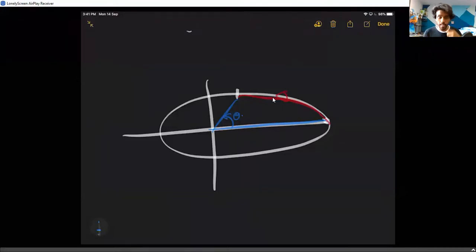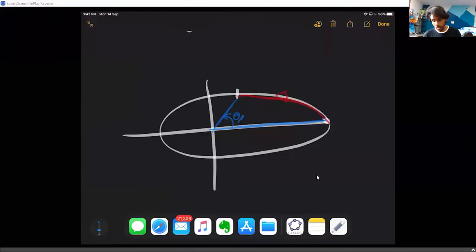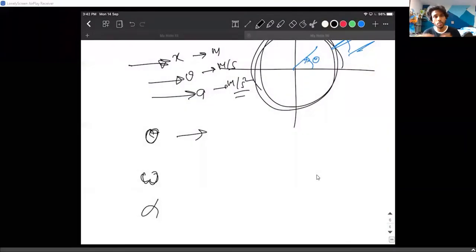Good doubt, Aniket. Even if the particle has traveled in an oval path, the angular displacement is this only. But we are not good enough yet to discuss these elliptical paths. The circular motion itself is complicated enough. So we don't talk about elliptical paths right now, because the dynamics of this topic is really difficult compared to circular motion, so we won't talk about it.